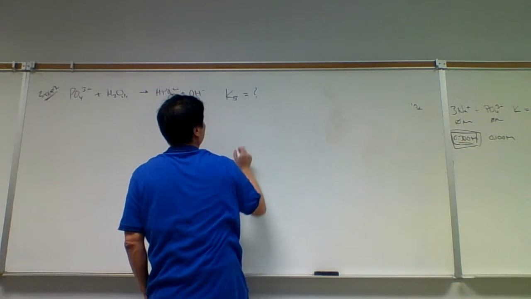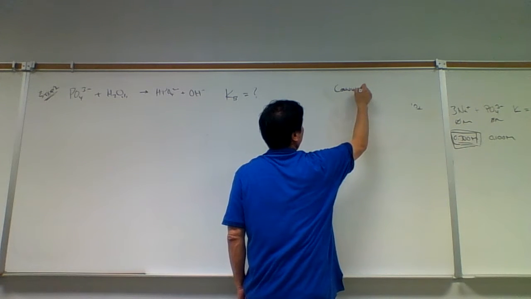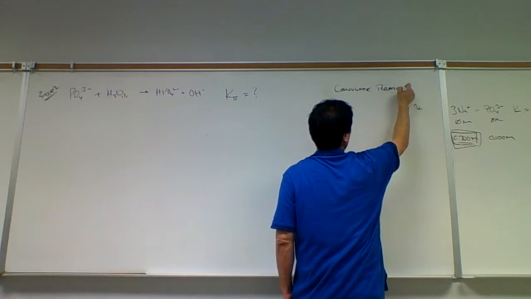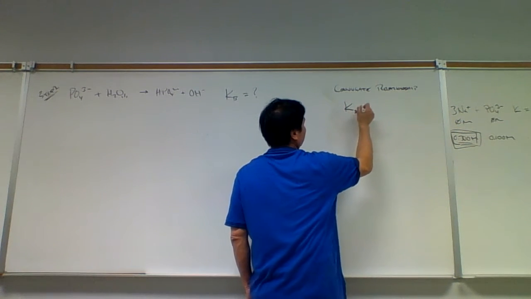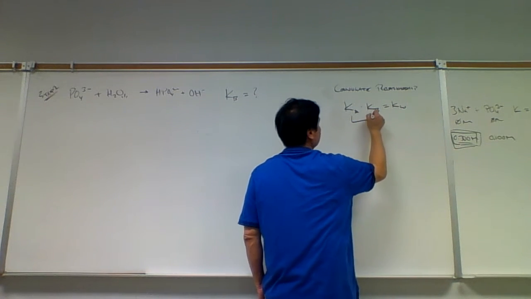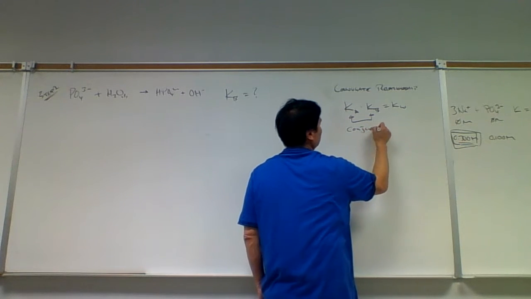Kb equals question mark. And so the conjugate relationship is like this. Ka times Kb is equal to Kw, as long as Ka and Kb are conjugates of each other.